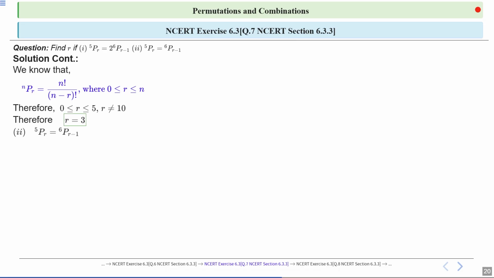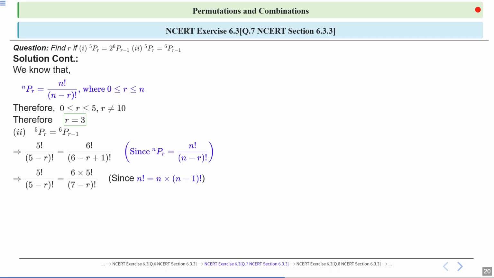Now the second equation: we have 5Pr equal to 6P(r minus 1). So using the formula nPr equal to n factorial upon n minus r factorial, it implies 5 factorial upon 5 minus r factorial is equal to 6 factorial upon 6 minus r plus 1 factorial.